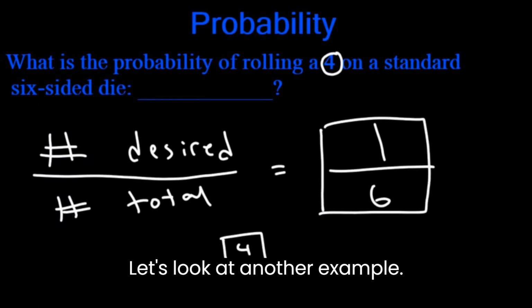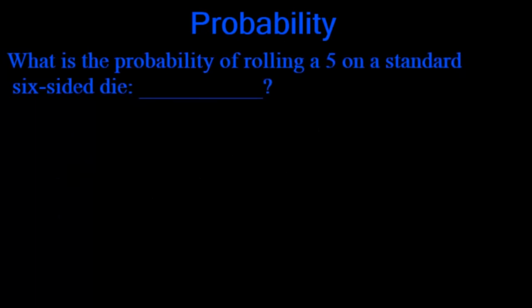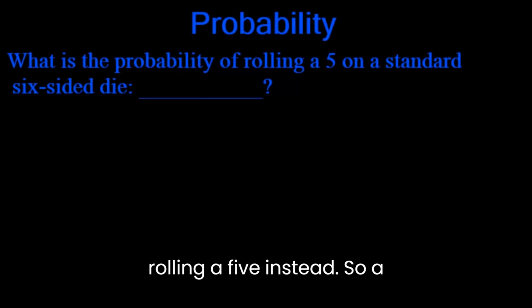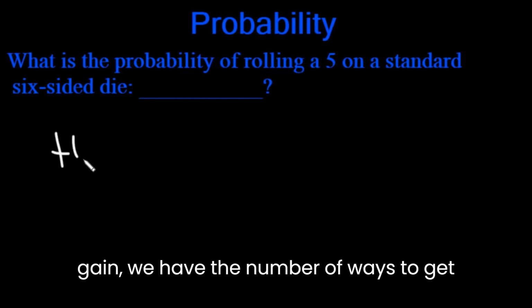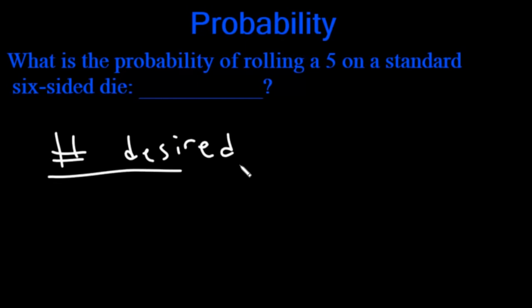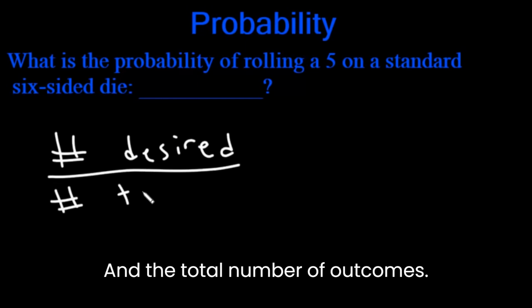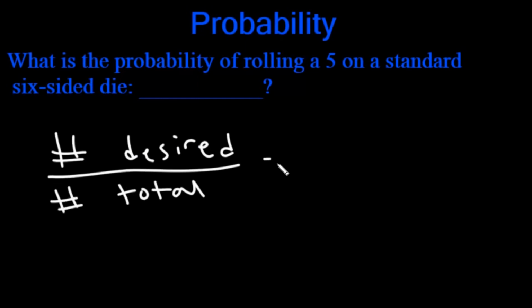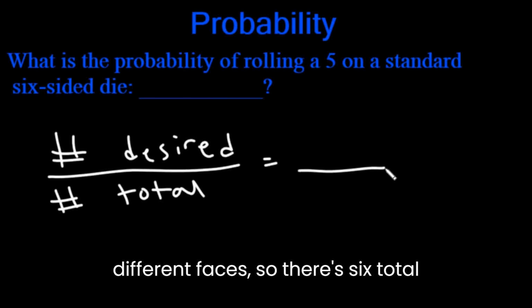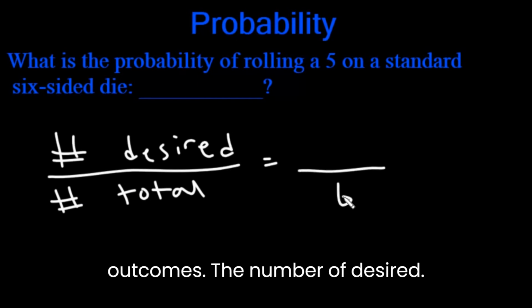Let's look at another example. This is the same problem, except it's rolling a 5 instead. Again, we have the number of ways to get the desired outcome and the total number of outcomes. Since it's a die, there's 6 different faces, so there's 6 total outcomes.